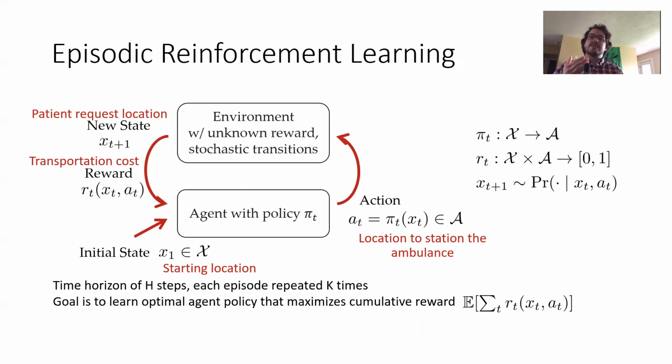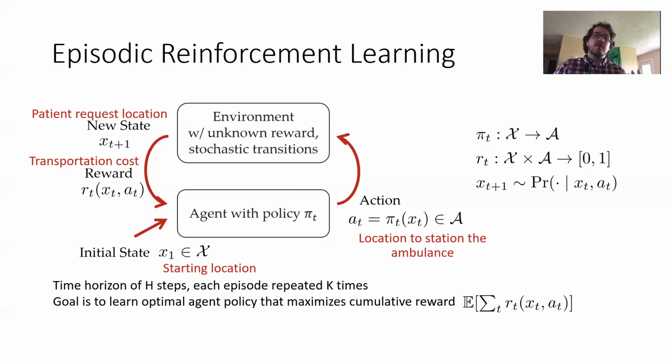The action was the location where the operator decides to station the ambulance. The environment then samples the patient request location as the new state, and the reward in that situation was the transportation cost. The time horizon H of each episode you can think of as the 24 hours in a day, the number of times that this process is repeated, and then the episodes are repeated K times, which you could think of as the number of days in the year.